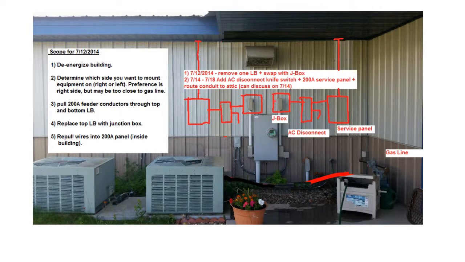Ahead of the array installation, the electrician had the utility power down the building. The building service entrance conductors were then pulled out of the electric service panel, out through the LB, and back to the metered connection. The LB was then swapped out with a larger junction box, and the conductors were routed back through.